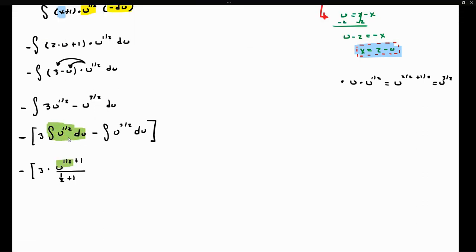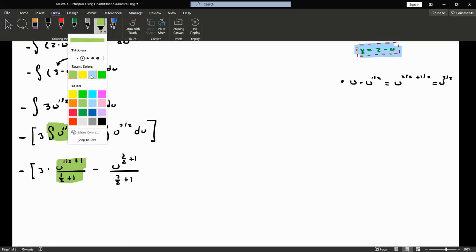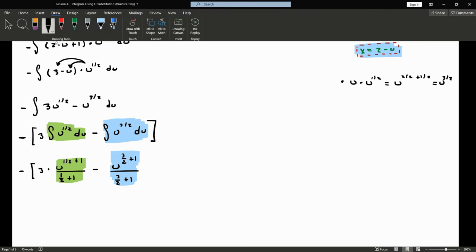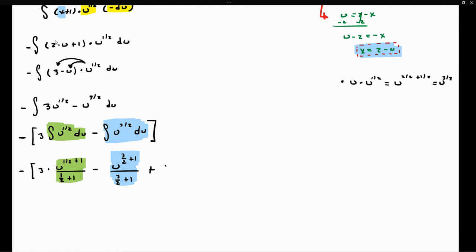This integration is equivalent to this, minus u^(3/2 + 1). Do the same for the bottom, 3/2 plus 1. This integration that we have here is the integration that we would obtain with this expression here. And don't forget, since we have an indefinite integral, we need to do a plus c at the end.